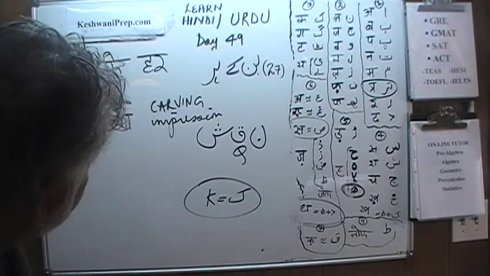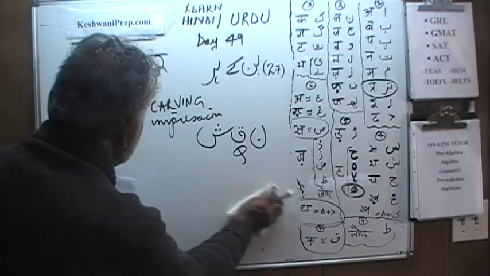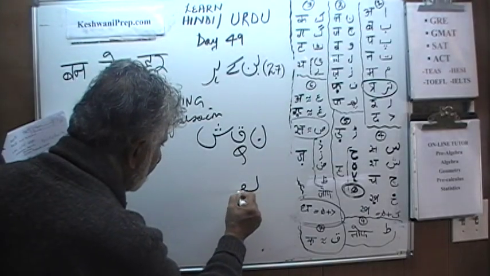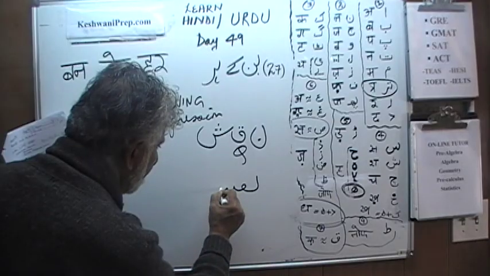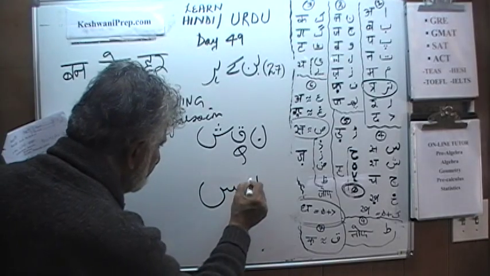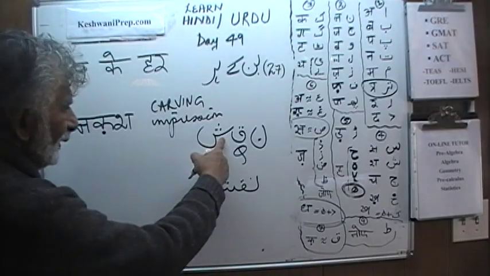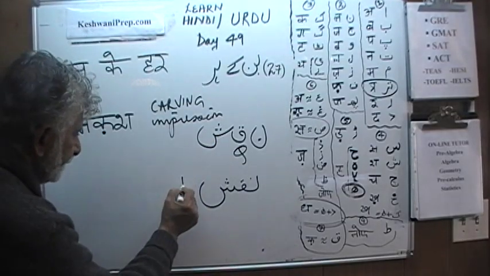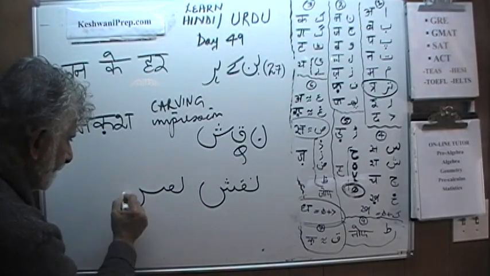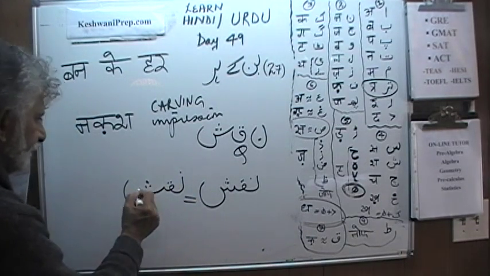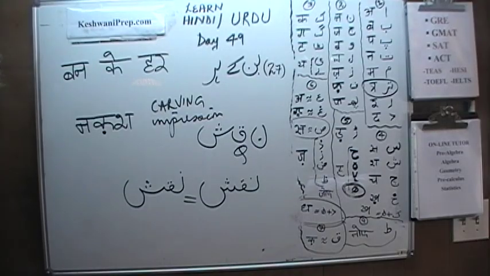Let's put it together. So that's a na, that's a qa, and then you make 2 loops, and then a sh. Or you can just make 1 loop, like I did here. They're both the same words, 2 different ways of writing it.